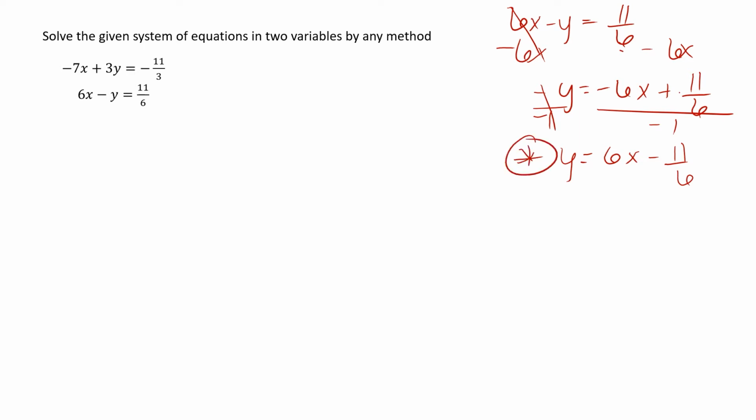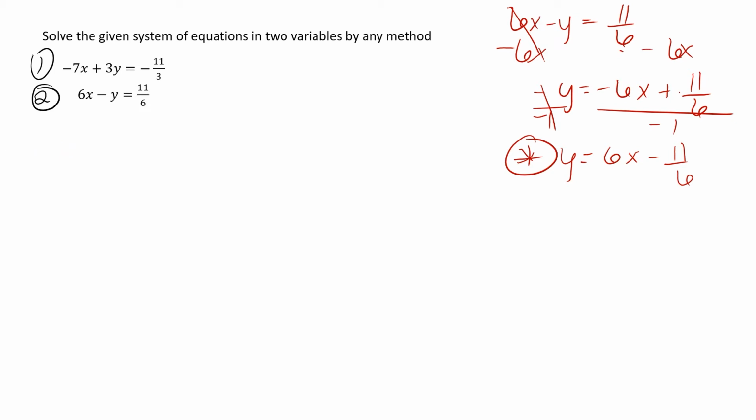I'm going to label this as my starred equation. Okay, and then I'm going to label these over here just so I have them, 1 and 2. My next step is I'm going to take this starred equation and put it into number 1, right? Because I already used number 2, so now I'm going to put my starred into my number 1. So let's do that in a different color. So I'm going to write it down. Ready? I got negative 7x plus, sorry, I'm messing up here.